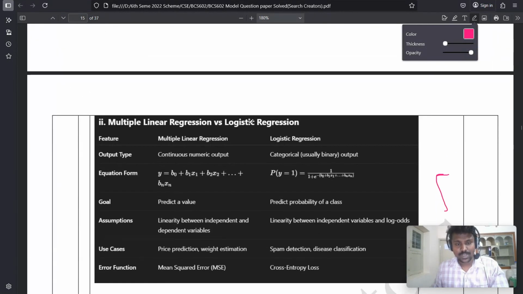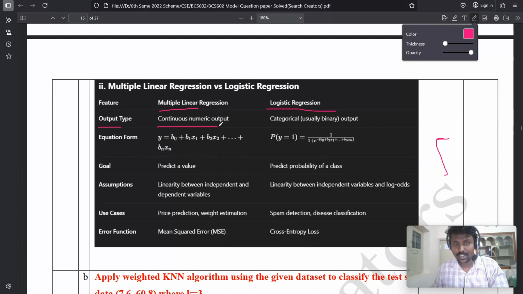Firstly, the feature is output type: multiple linear regression gives continuous numeric output, while logistic regression gives categorical, usually binary output, meaning two types of output. Equation form: in multiple linear regression, y = b0 + b1x1 + b2x2 + ... + bnxn. In logistic regression, P(y) = 1 / (1 + e^-(b0 + b1x1 + ... + bnxn)).